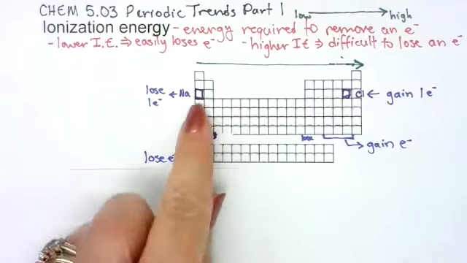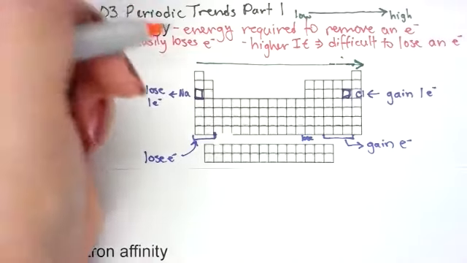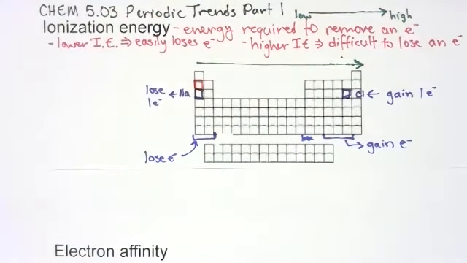So we have sodium here, and let's compare sodium to, let's do rubidium. Actually, I'm going to do lithium, and I'm going to do rubidium. So let's do lithium in orange, and I want to write out the electron configuration for lithium.